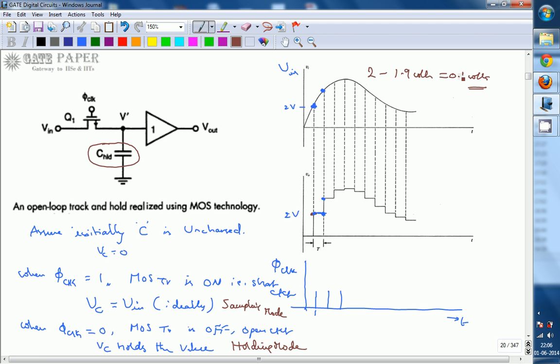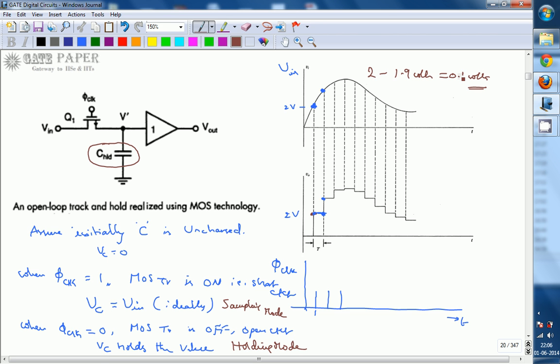The capacitor has to charge such that it is within the specified error band around the final value, so that it is treated as a sample signal. So acquisition time is the time required for the hold capacitor to charge to the input signal applied, and to remain, if not at the final value, at least within a specified error band around the final value.